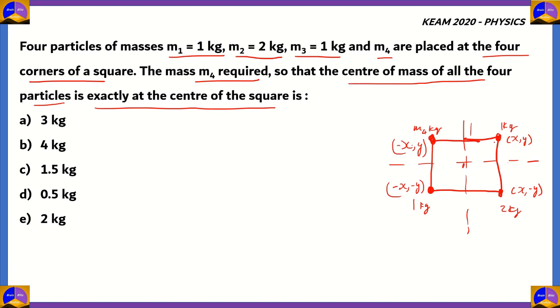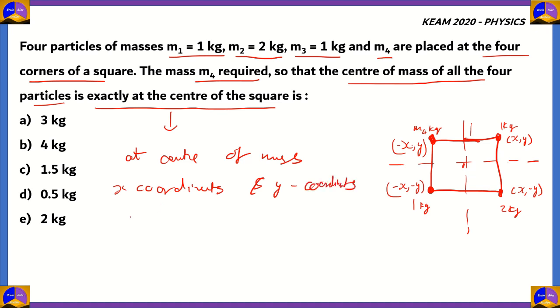We are going to assume that the center of mass is exactly at the center of the square. That means at the center of mass, the x coordinate and the y coordinate are 0. So our condition is that the position of the center of mass, both its x coordinate and y coordinate, is equal to 0.